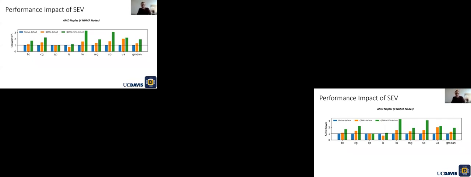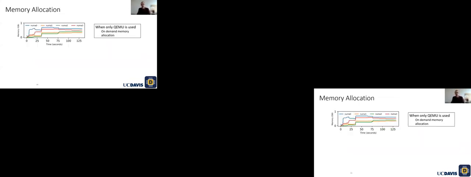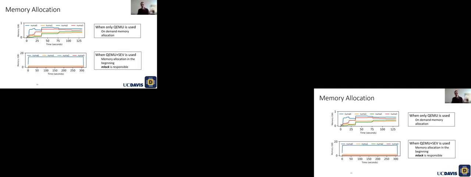It turned out that when we run these workloads with just virtualization, and we look at the memory allocation over time, we found that this memory was being allocated essentially randomly across NUMA nodes. However, when we turned on SEV, we found that all the memory was being allocated in one NUMA node.